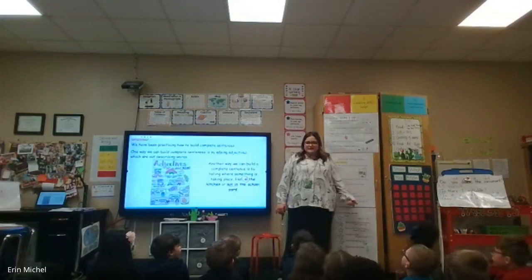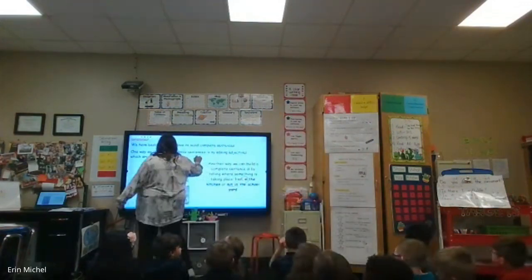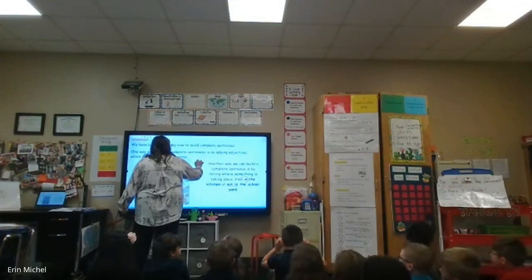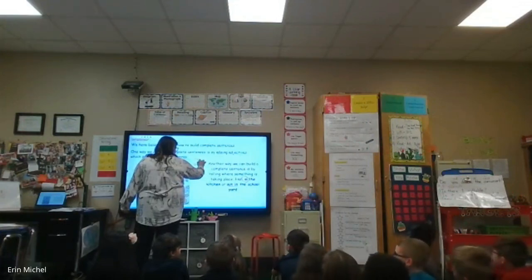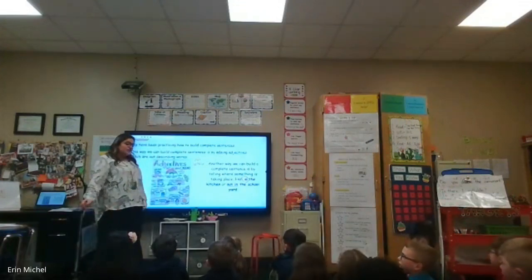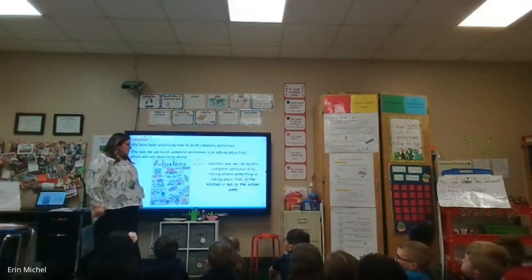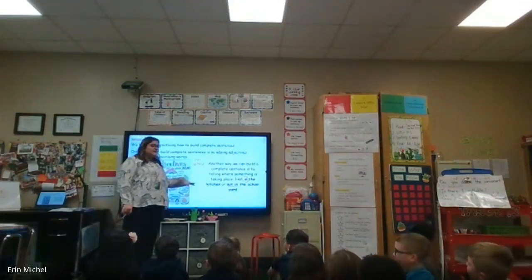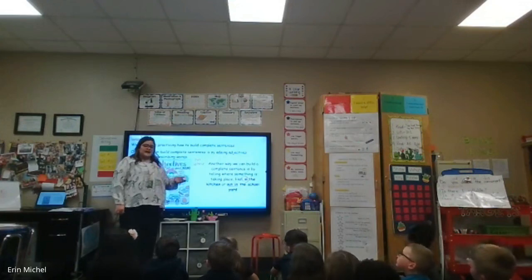Does that tell us where something is happening? Yes. We could use words like in, we could use out, we could use behind. You could use all kinds of words to show where something is happening. Or you could use during, that would be when it's happening. So we can use these types of words in our sentences to help us say where something is happening.